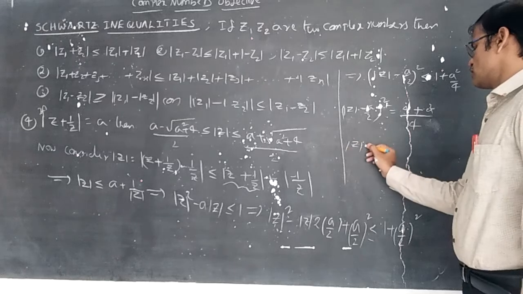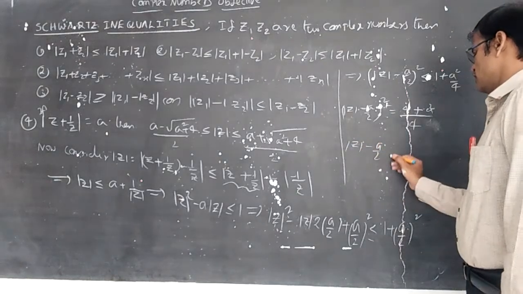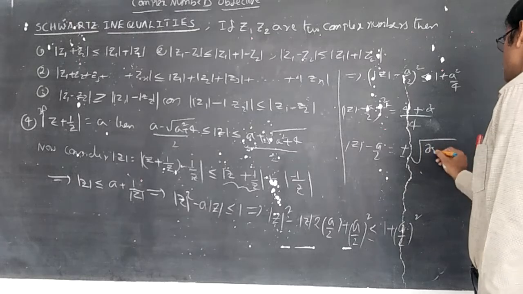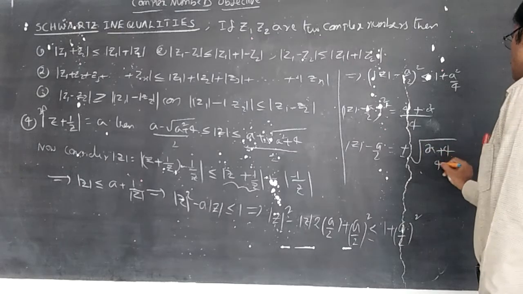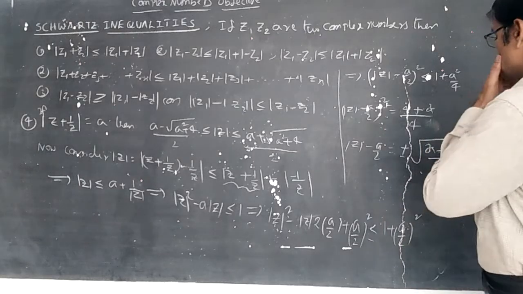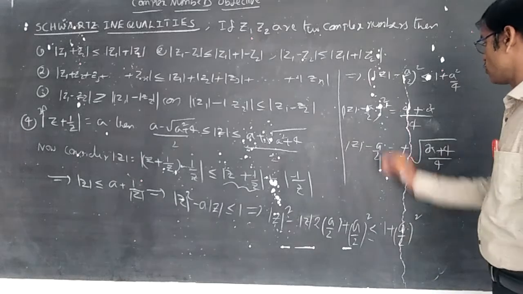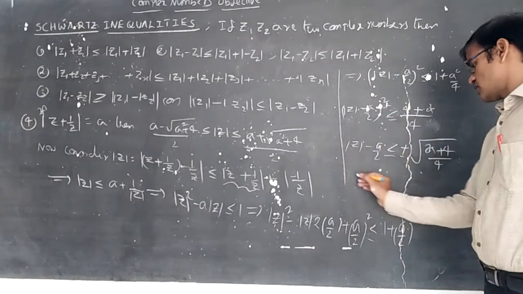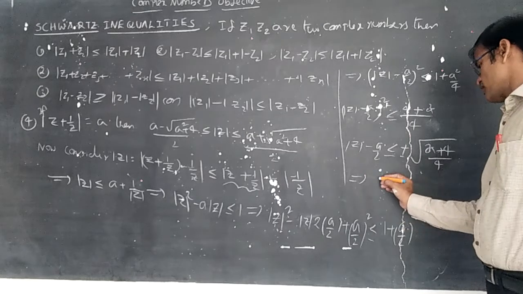If you need, you can write Z minus A by 2 is equal to plus or minus root of A square plus 4, whole by 4. So minus A by 2 taken to this side. No, not equal; this is less than or equal to. That concept you can understand.